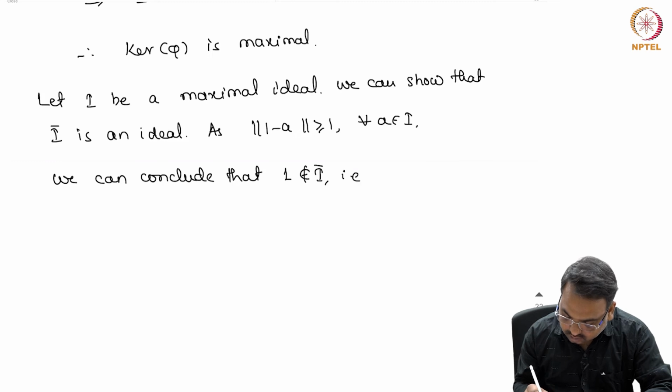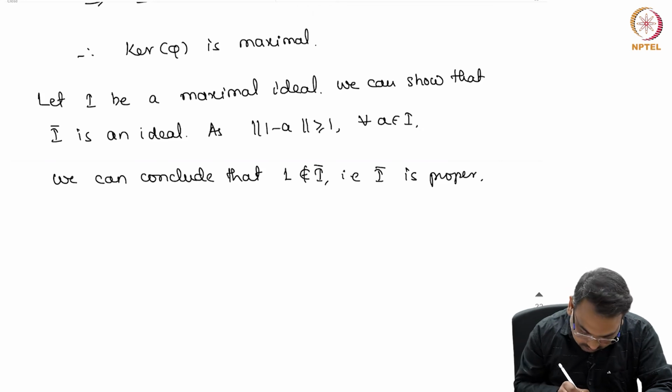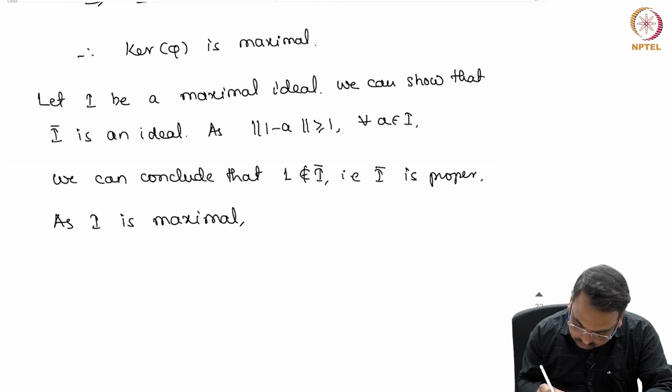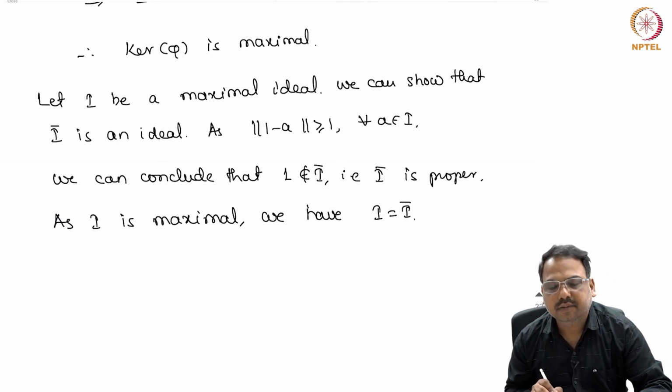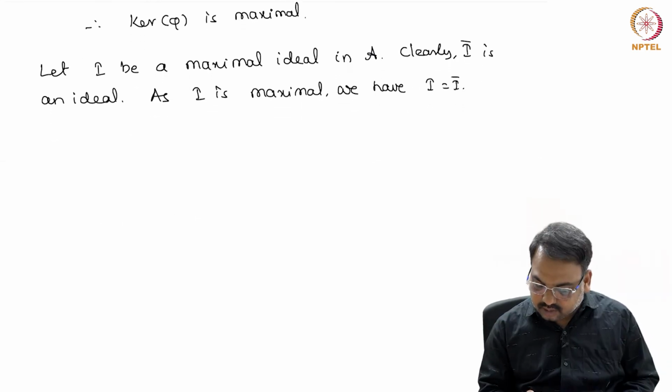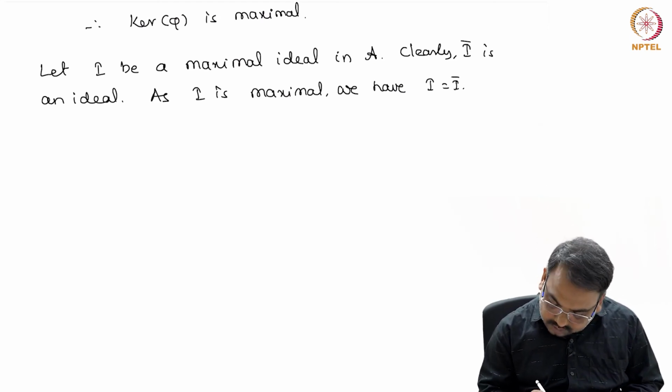That is, I closure is proper. As I is maximal, we have that I equals I closure. Okay, so this is a closed ideal. Now let us look at the quotient algebra.